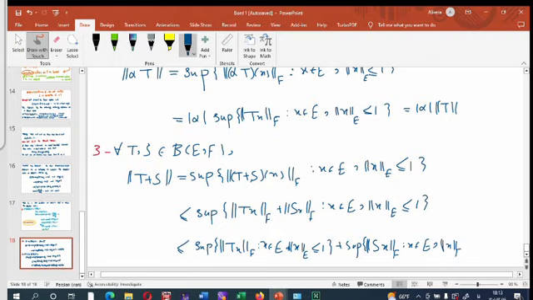The first one is the operator norm of T and the second is the operator norm of S.